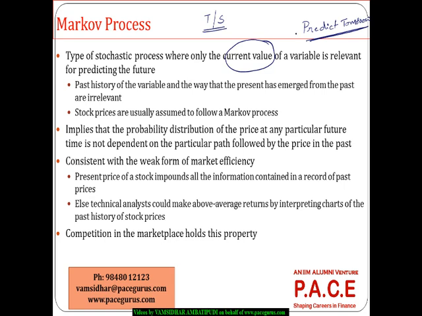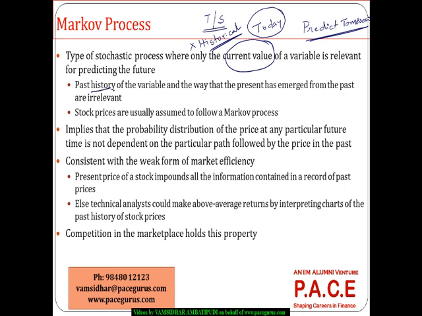If I am able to predict the price of tomorrow by taking only today's value, the current value of the price, and not the historical, I don't take yesterday's, day before yesterday's kind of values. Only the current value is sufficient to predict the future.